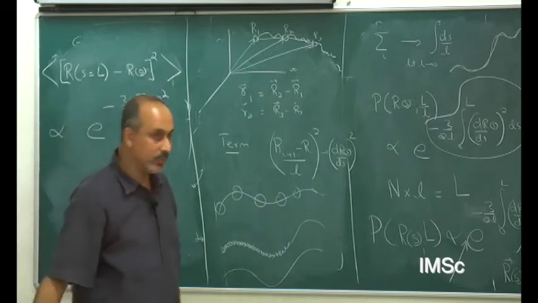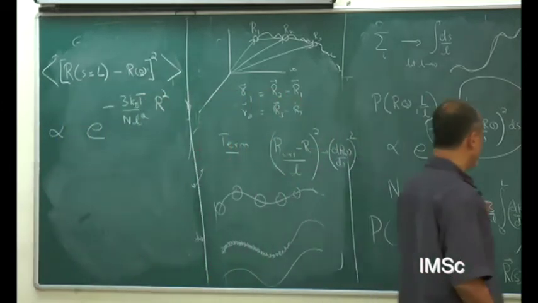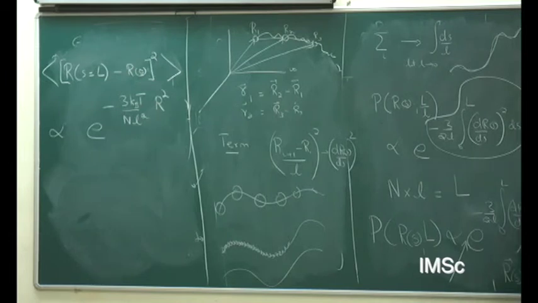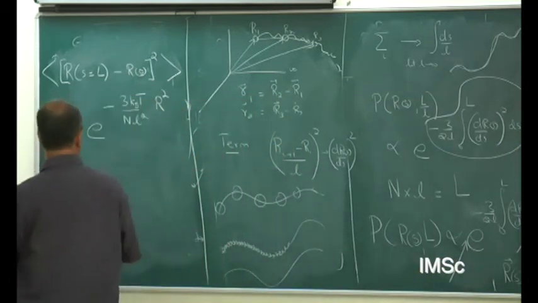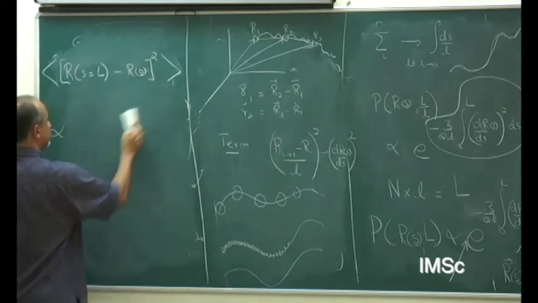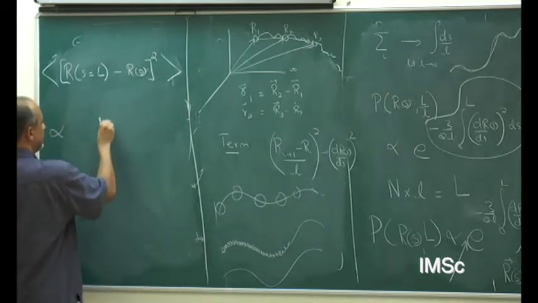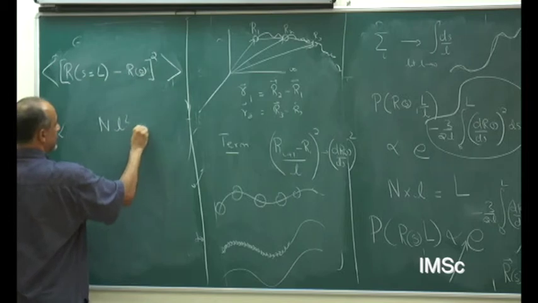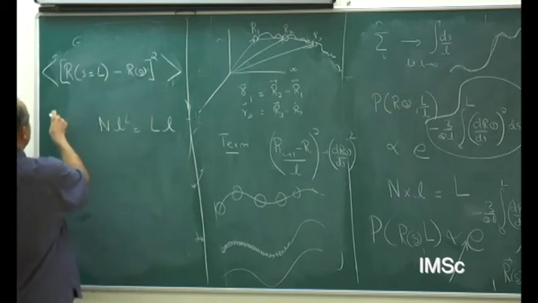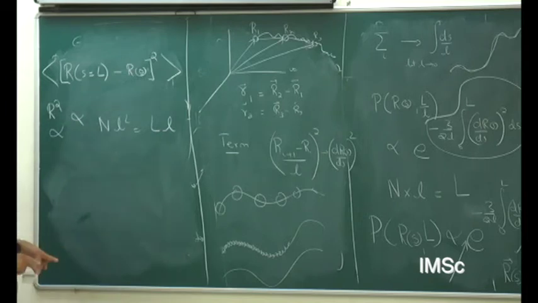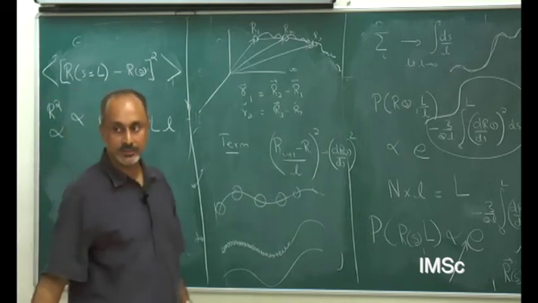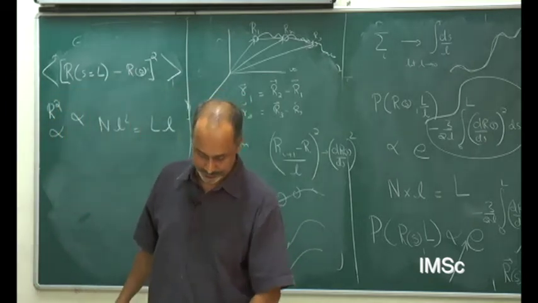So I haven't shown you how we get this, but the answer is that you do get it. Oh, sorry, this is not R squared. R squared is n times L squared, which is L times L. So this is R squared proportional to this, which goes back to the old result that we had earlier.